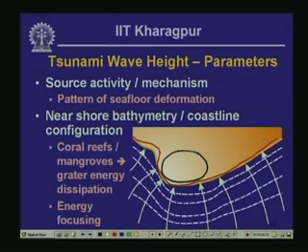Because of the energy focusing, the area shown here is going to be more susceptible to tsunami hazard.